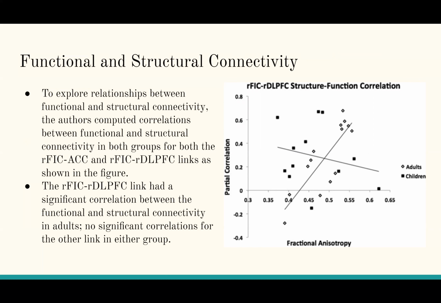Once again, you see the partial correlation on the y-axis, and on the x-axis you see FA, fractional anisotropy. The RFIC-RDLPFC link had a significant correlation between the functional and structural connectivity in adults. However, there were no significant correlations seen for the other link in either group.